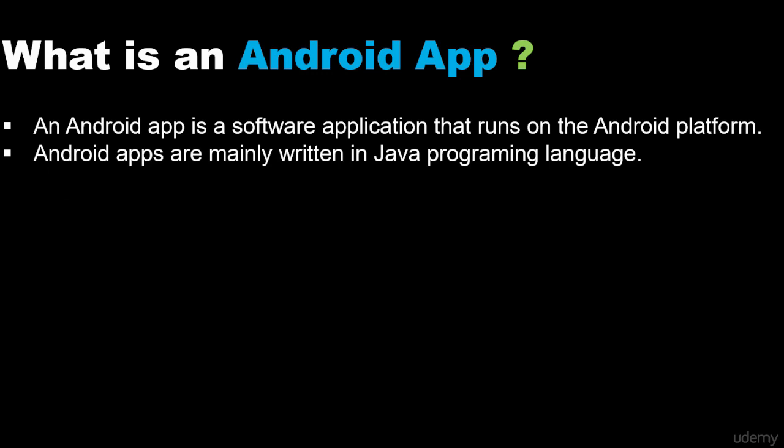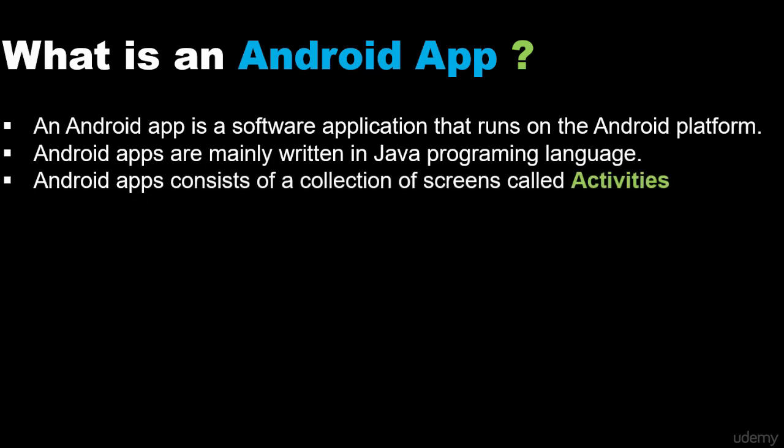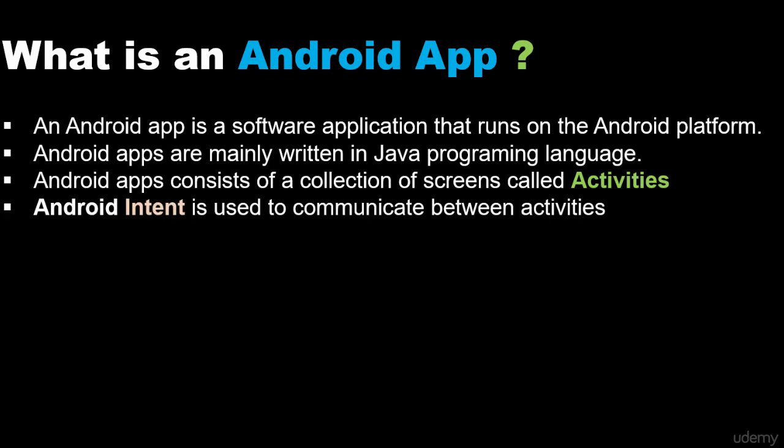Just like a website consists of web pages, Android applications consist of screens referred to as activities. An Android intent is used to communicate between activities of an Android application.